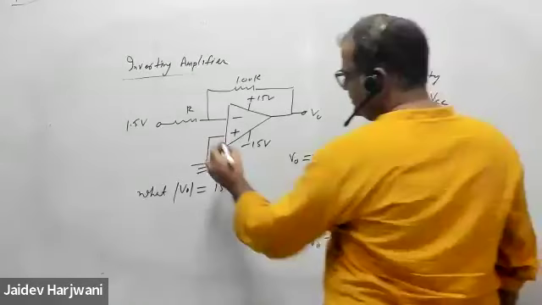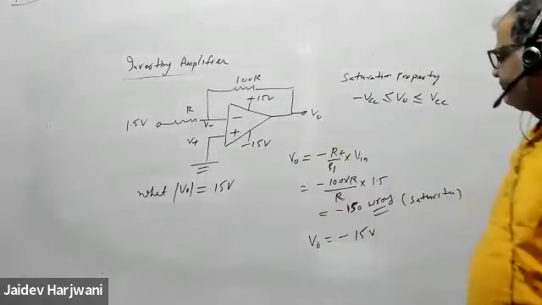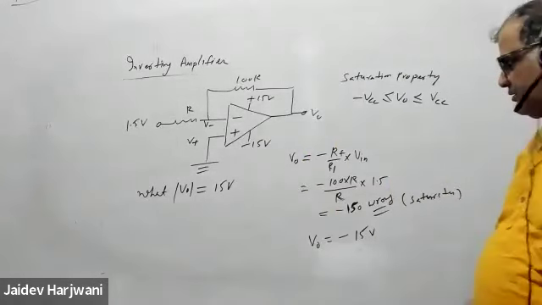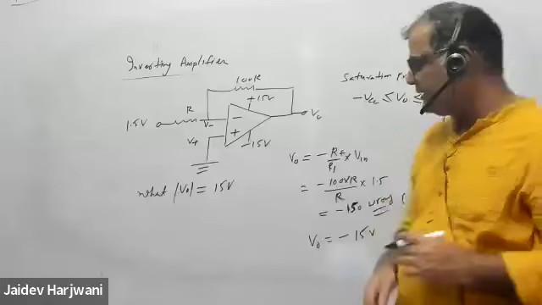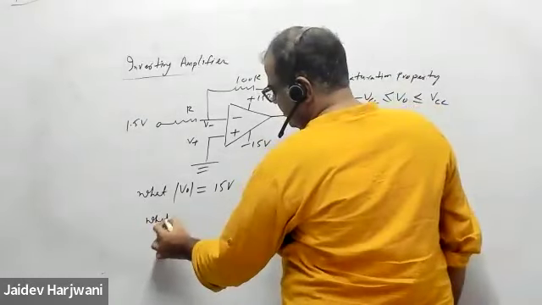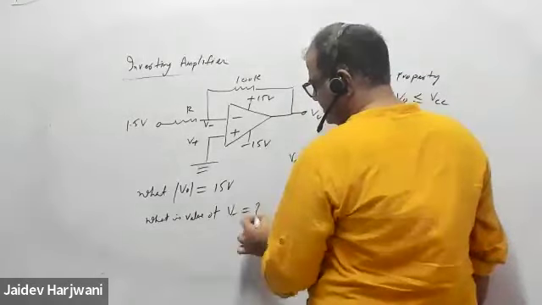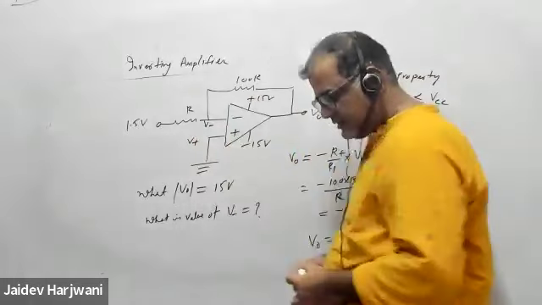This is V plus, which is grounded. This is the V minus. So this will be 15 volt. Now tell me what is the value of V minus here?